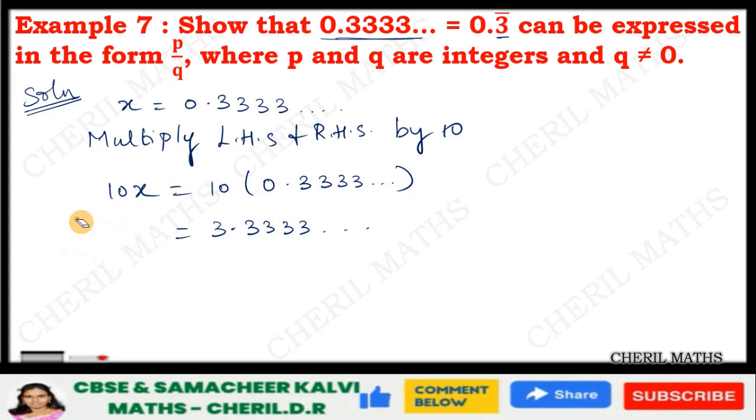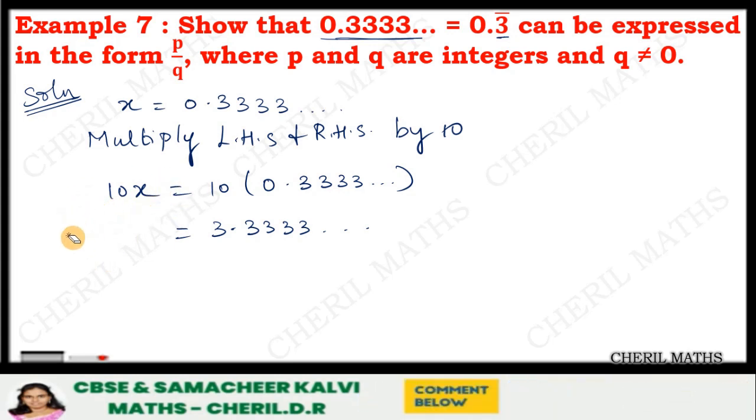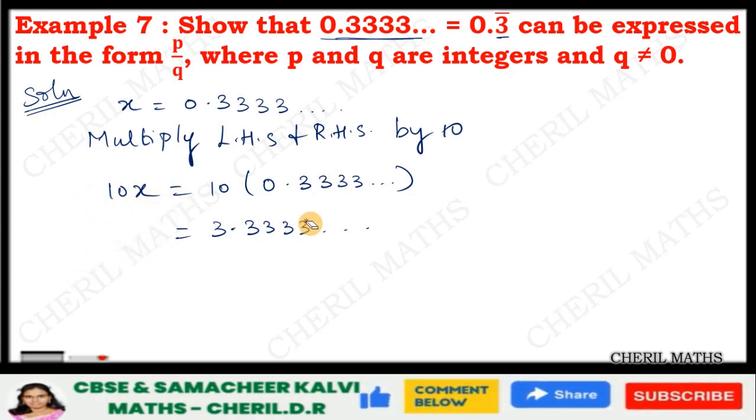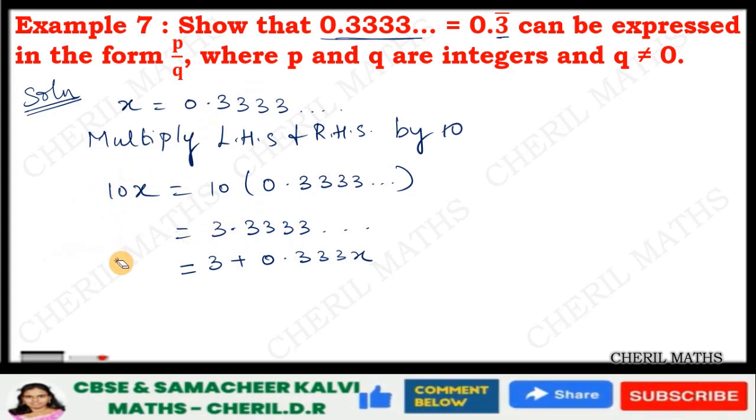That is going to be 10x. Here we can write this as 3 plus 0.3333. Is it clear, children? Yes, because when you multiply it, it's going to be 3.3333.